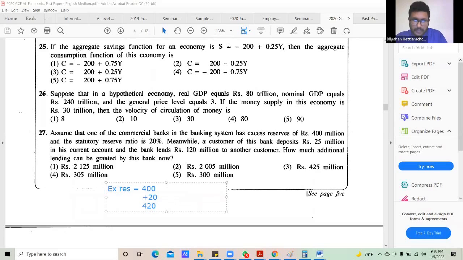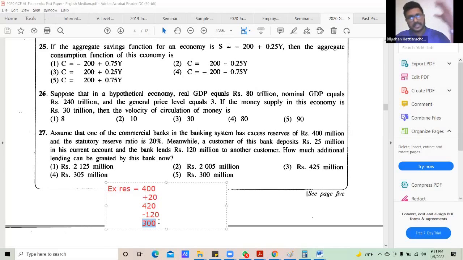Then, meanwhile, a customer of this bank deposits 25 million and the bank lends 120 million to another customer. This bank has an excess of 420 to lend whenever they want, and from this 420 they are lending 120. So this reduction of 120, we can take it as it is. And what's the remainder? How much is remaining afterwards? 300 million. And this is the answer you have to record.